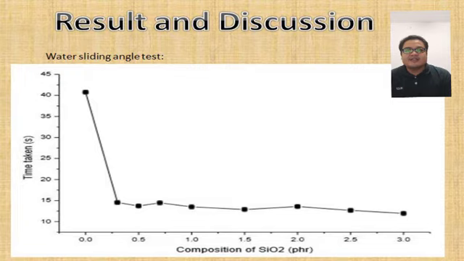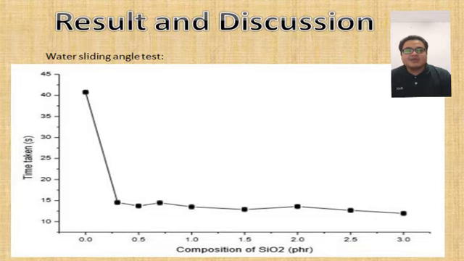As we add silicon dioxide to polyurethane, we can see at the minimum amount, which is 0.3 pHr, it decreased the time taken for water droplet to 14.55 seconds.